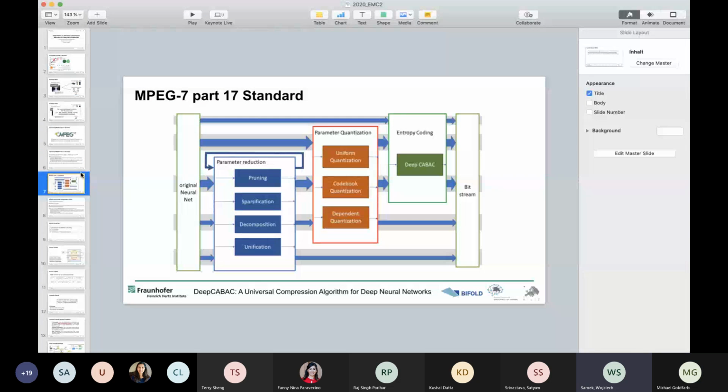And the MPEG standard will have 3 different layers which can be combined. In the first layer, we will have techniques to reduce the parameters of a neural network, for example, by pruning, sparsification, decomposition, or unification, or other techniques where you pre-process your network in order to make it more compression friendly.